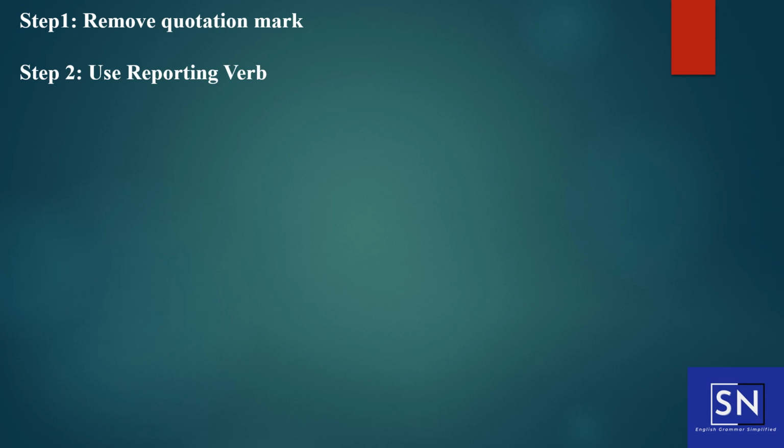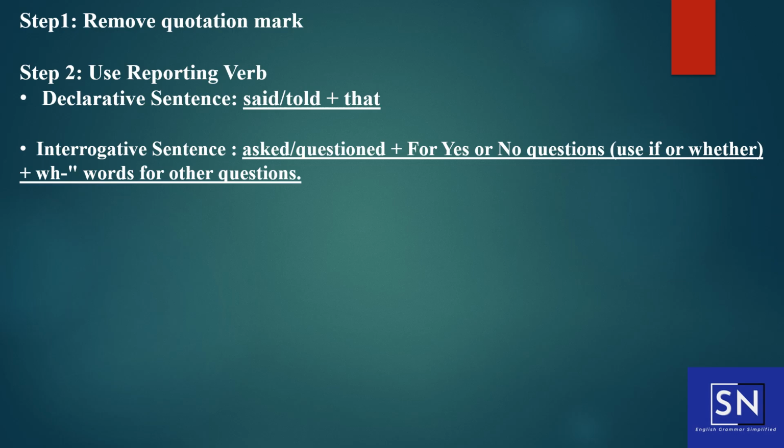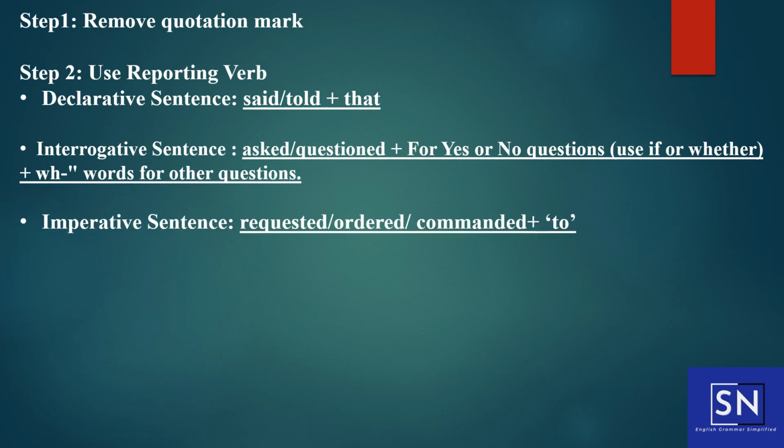Then identify the type of sentence to use the reporting verb. Determine whether the sentence is declarative, interrogative, imperative, or exclamatory. Choose the appropriate verb, that means the reporting verb. Select a reporting verb based on the sentence type.